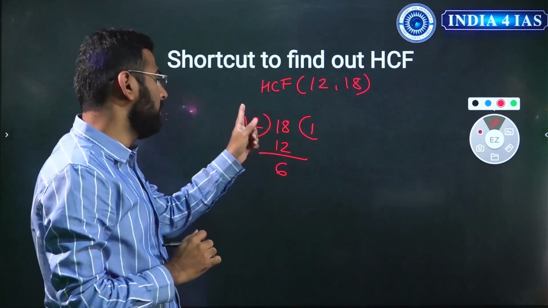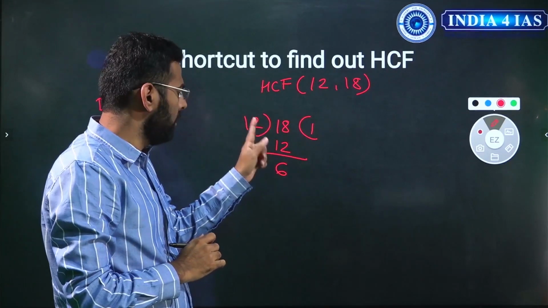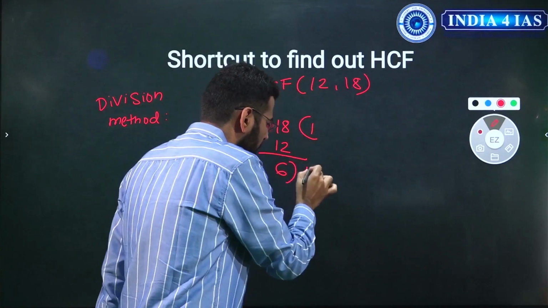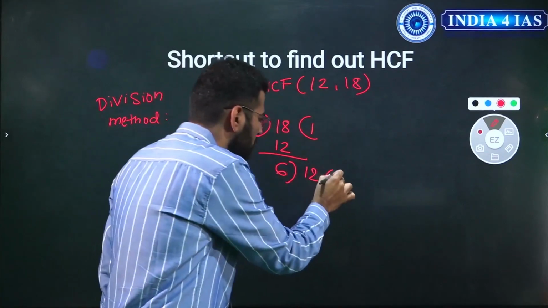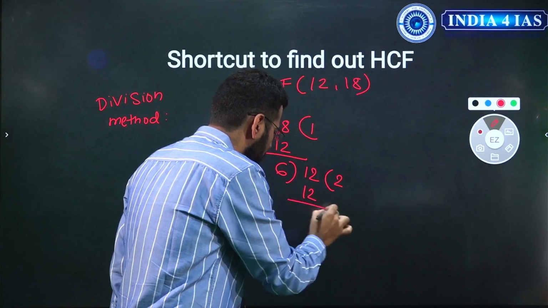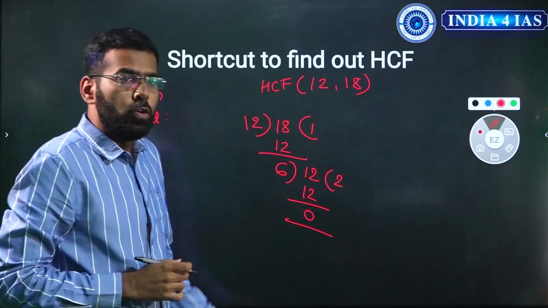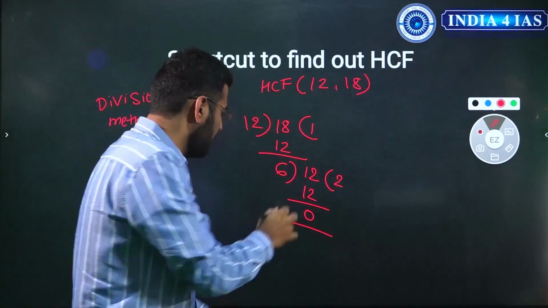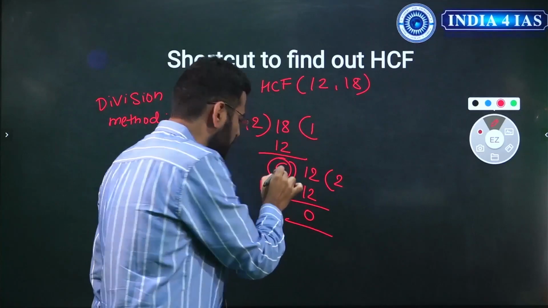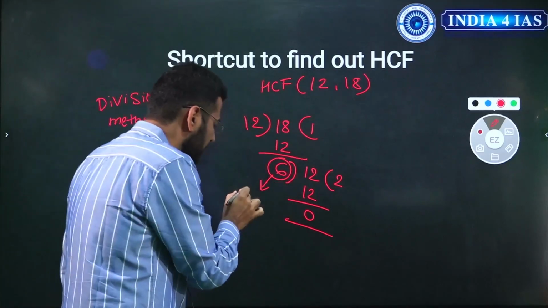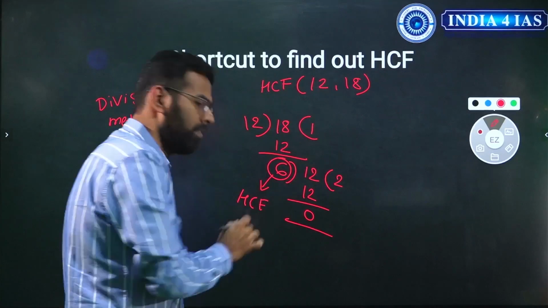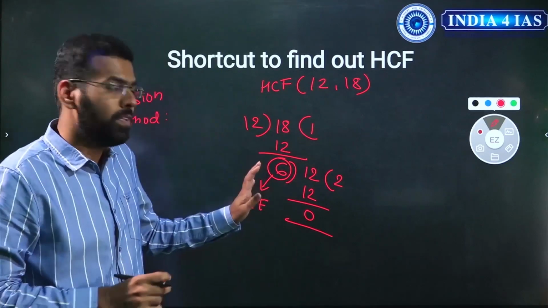Now, we used to divide the divisor by 6. 6 twos are 12, remainder 0. The divisor which gives 0 as the remainder is your HCF. Correct. So, like this we used to do.